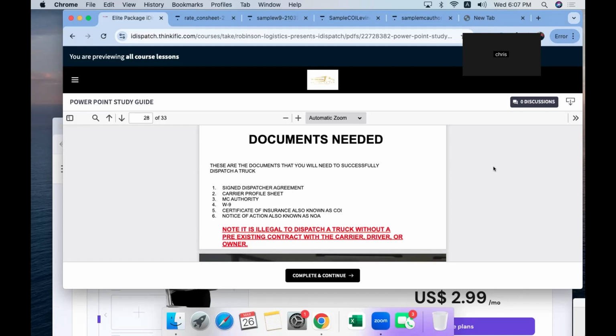And if they have factoring, we're also going to go over factoring. But in short, factoring is when that particular company pays for the invoice at a discounted rate. So let's just say that it was $1,000. They would pay to the MC authority holder $1,000 minus, let's say, 3%.